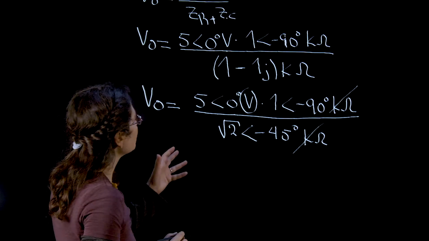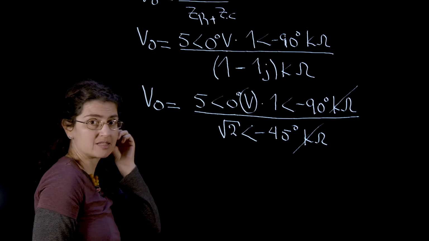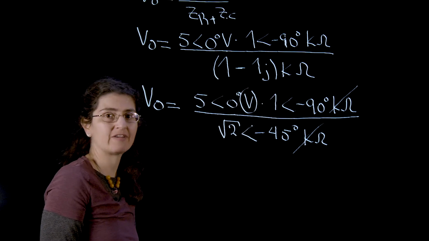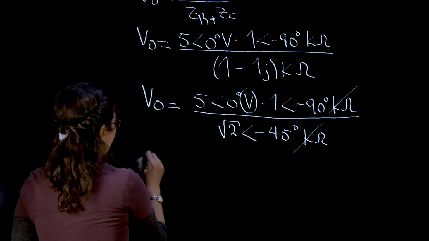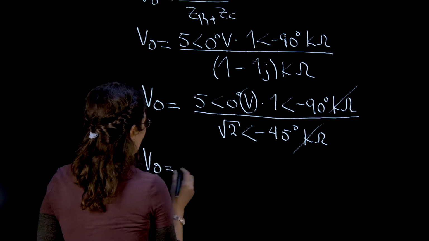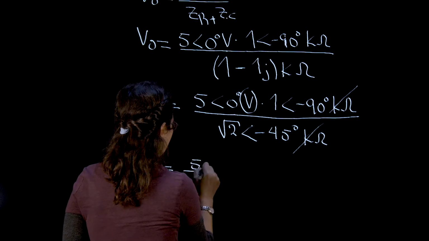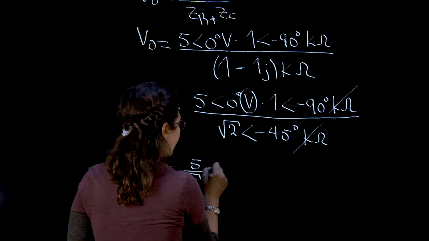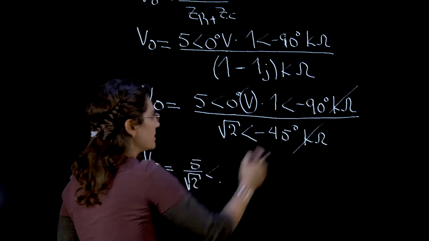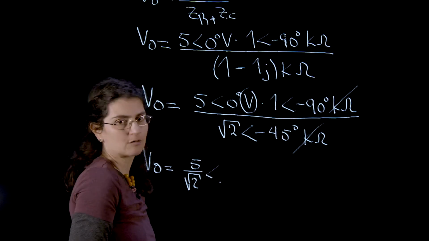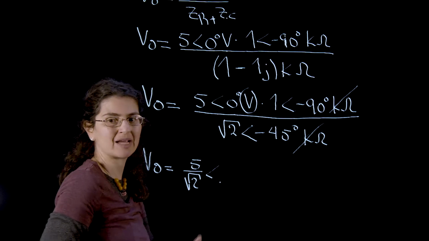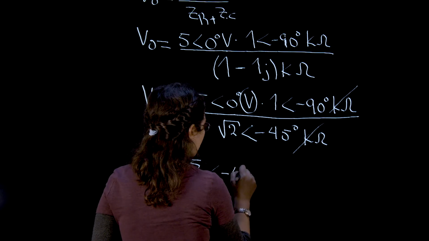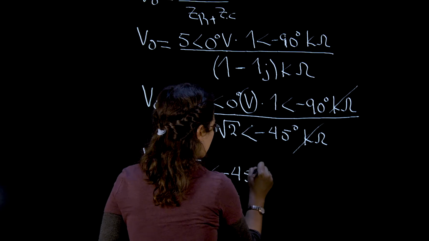And now how we do this division is we divide the magnitudes and we subtract the phases. So the output voltage is 5 over square root of 2 with a phase of minus 90 plus 45, because minus 90 minus minus 45 is minus 90 plus 45, so a phase of minus 45 degrees.